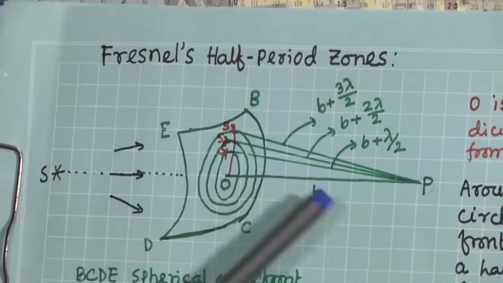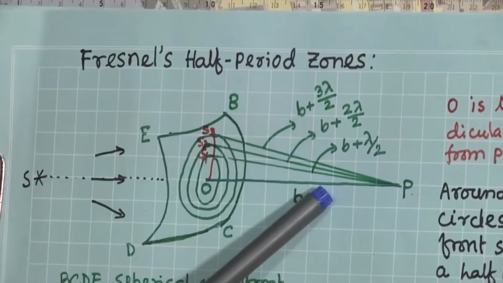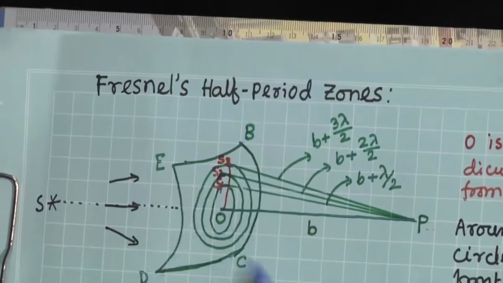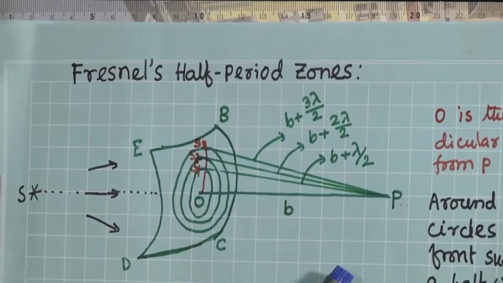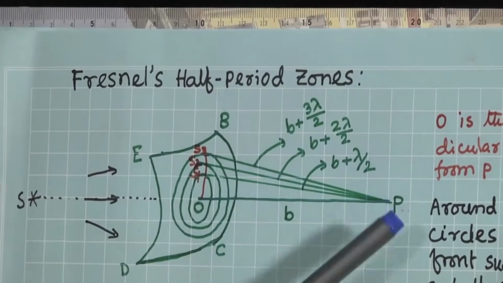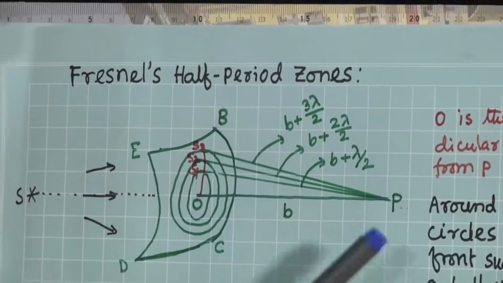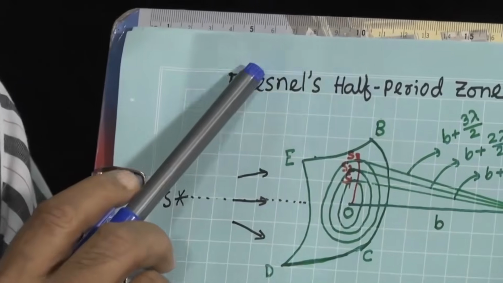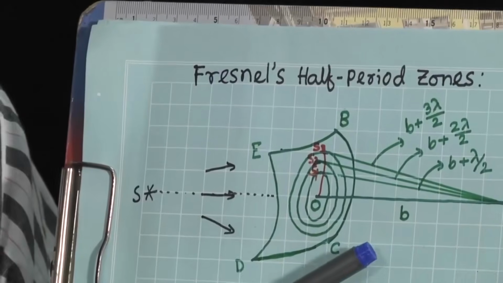So if I can calculate the phase relation among the light coming here, then I will be able to calculate the resultant amplitude of light at this point, and the corresponding intensity. So that's what Fresnel suggested, a very beautiful way to do that.